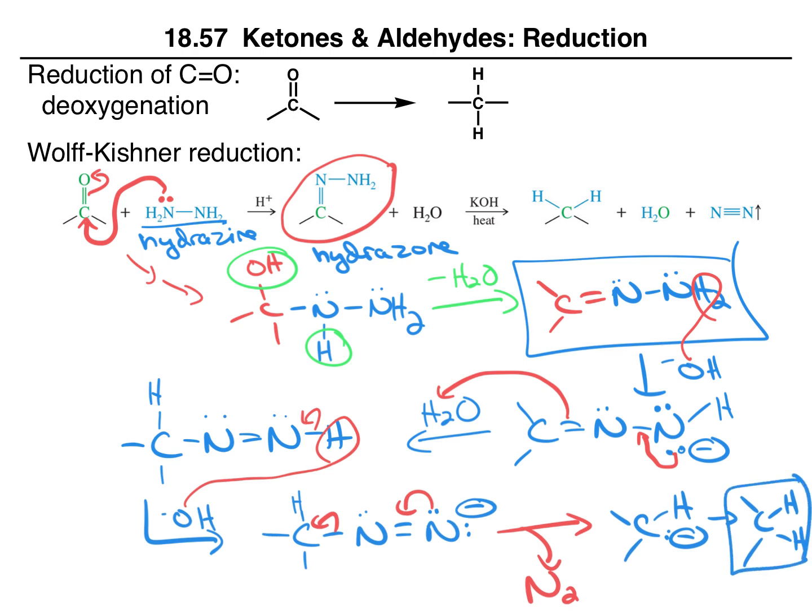So the first part of the Wolff-Kishner reduction, the formation of the hydrazone, is analogous to the other nucleophilic addition reactions we've seen. And then the actual reduction part of it, that's something completely different. I wanted to show you just for your information.